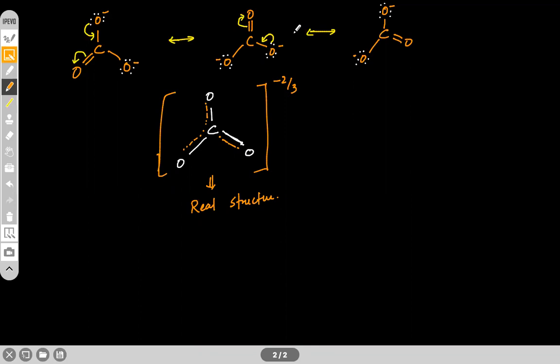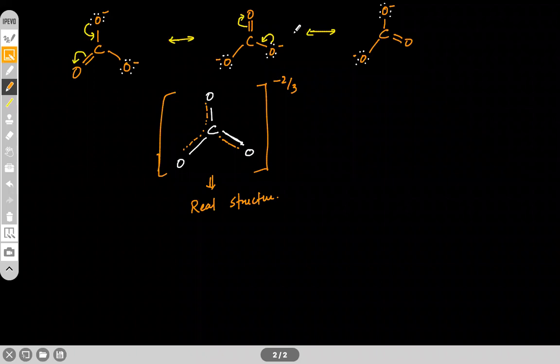For the 2/3 charge, there are 2 possibilities. We can write the charge like this, or we can also write delta negative charge on the oxygen atom. All these 3 structures are the same, so they have equal stability. When you draw resonating structures, they may have equal stability or different stability. It is possible that one resonating structure is more stable than the other, and it is also possible that all the resonating structures you have drawn have the same stability.